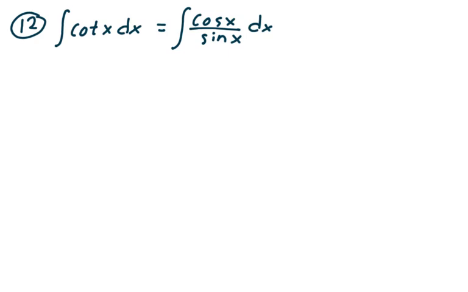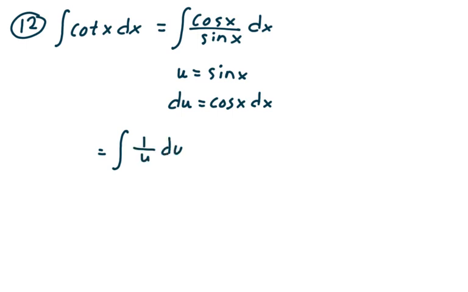And so from here, we're going to let u equal sine of x. du is cosine x dx. And so this can be written as the integral of 1 over u du, which is natural log of the absolute value of u plus c.